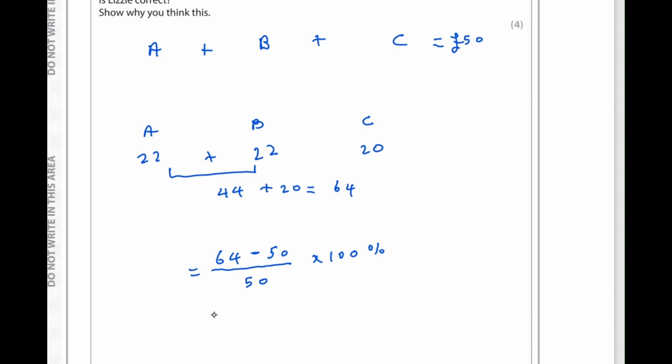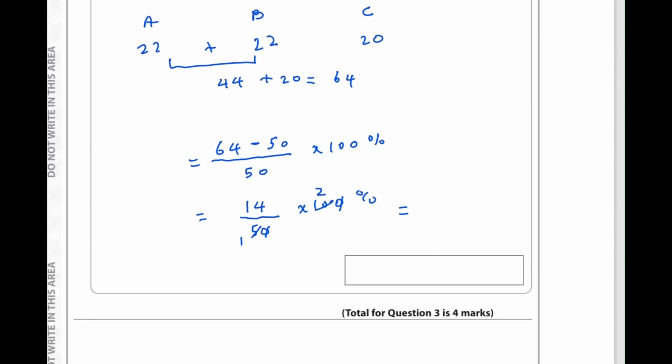So 64 minus 50 is 14, over 50 times 100%. We can simplify: the zeros cancel, 50 over 100 becomes 1 over 2, which gives 28%. So our answer is 28%, which means no, she's not correct.